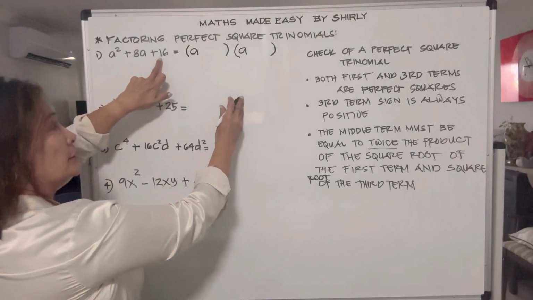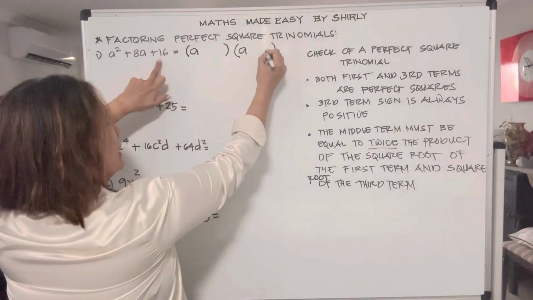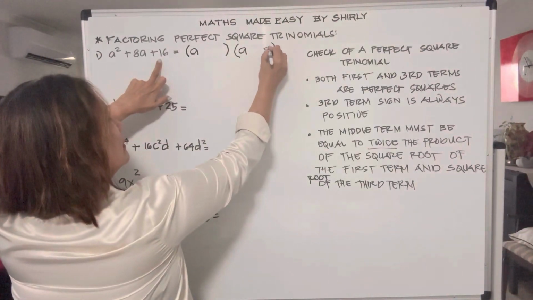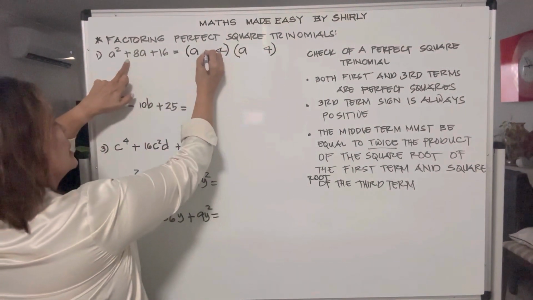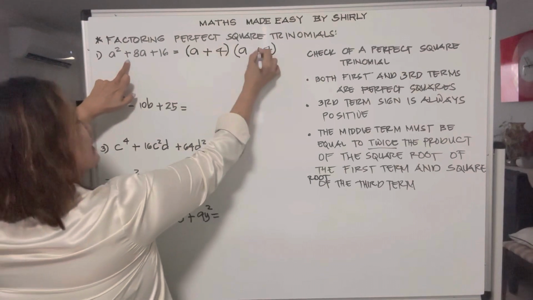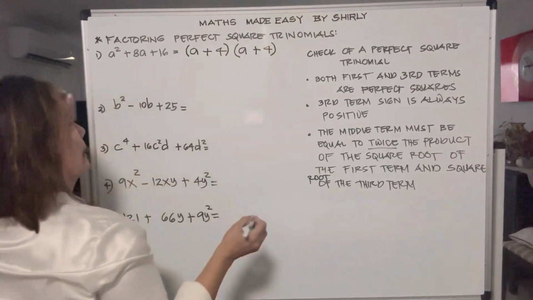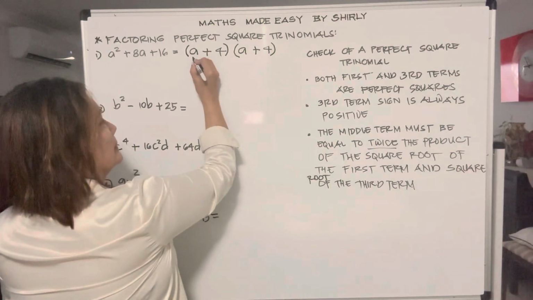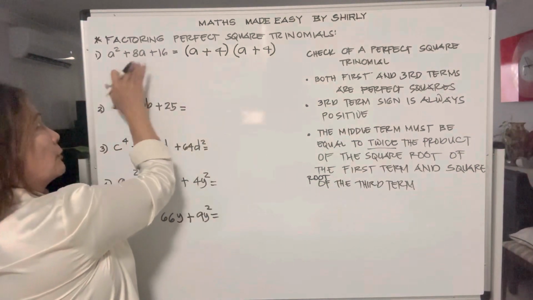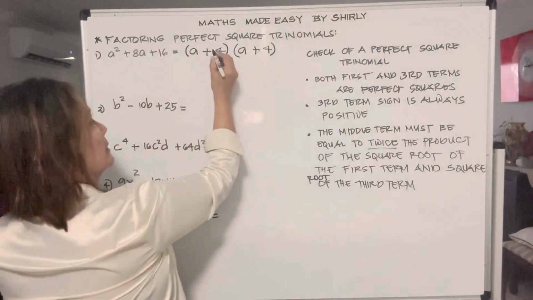The square root of 16 is 4. Copy the sign of the middle term: positive, positive. Okay. Now, let us check if this is really equal to this perfect square trinomial.